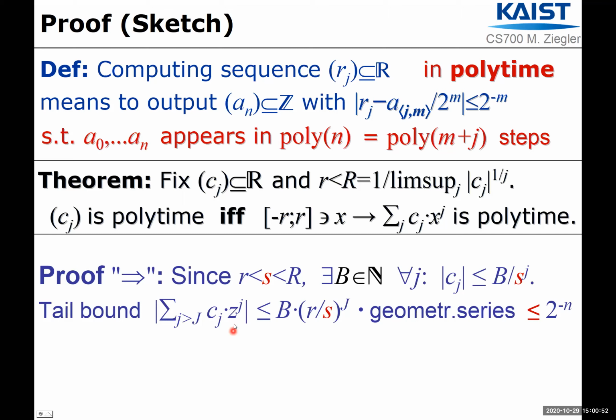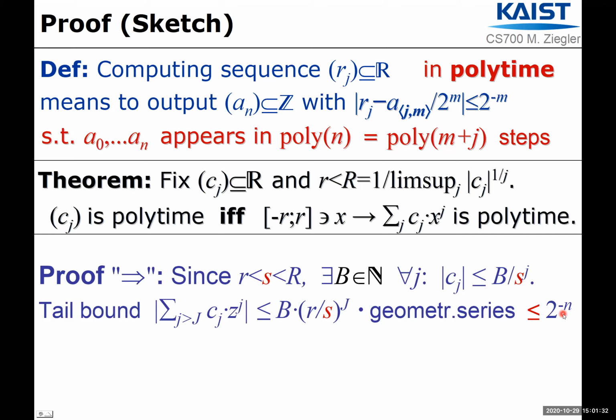So how do we choose capital J large enough? Well, R is smaller than S. Therefore, this fraction is smaller than 1, perhaps only a very little bit, but it is smaller, and therefore raising this ratio, smaller than 1, to the j-th power makes it indeed become arbitrarily small, tending to 0 exponentially fast.